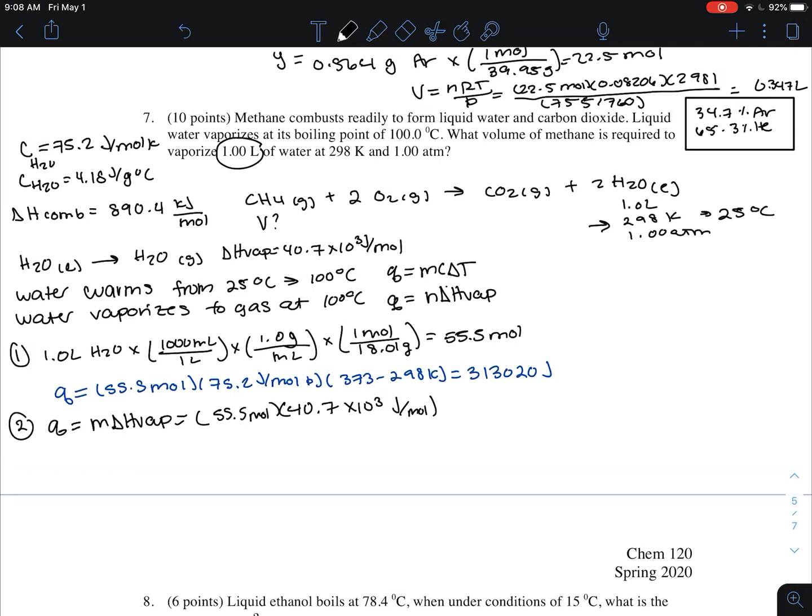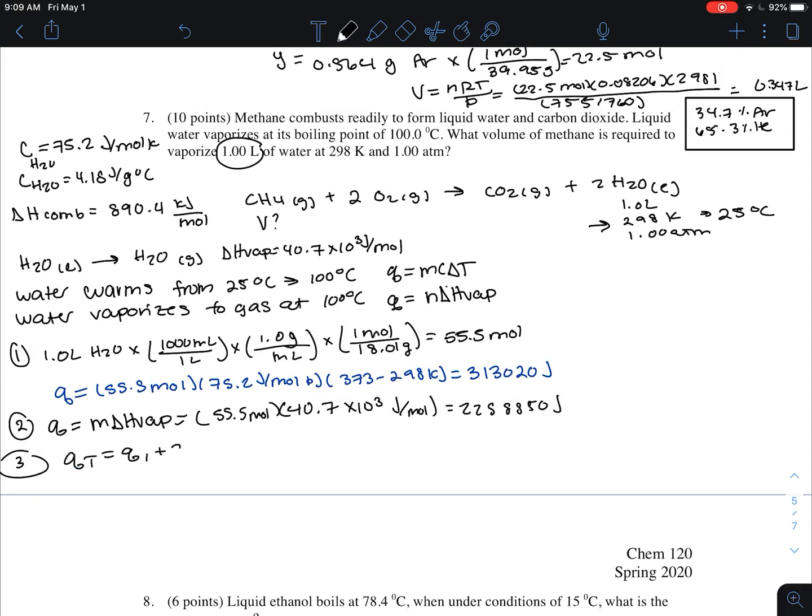I have to use my moles, which is 55.5 moles times 40.7 times 10 to the third joules per mole, and that equals 2,258,850 joules.